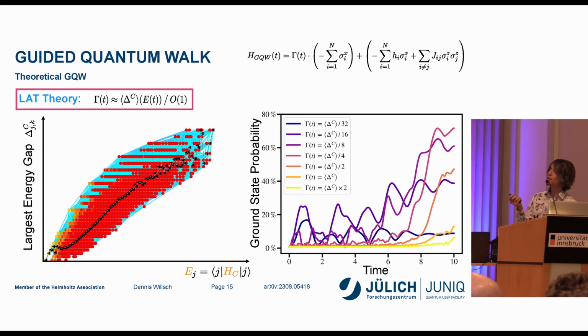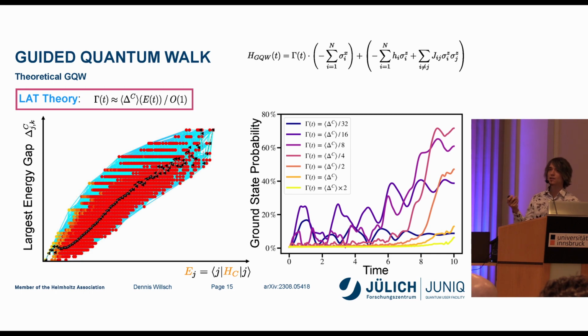So the goal is at each point in time to drive systematically probability amplitude towards the ground state. So at the beginning, we would be starting at very strong, very high hopping rates, large hopping rates corresponding to the average energy gaps at large energies. So at intermediate times, we would be driving all the probability amplitude that has accumulated here at medium energies.